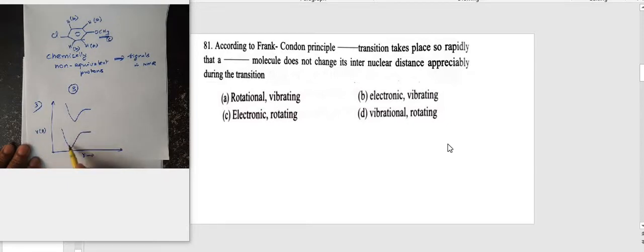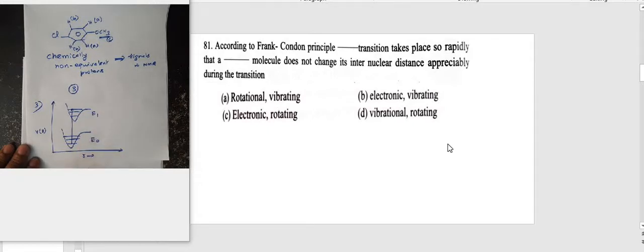Then transition takes place according to the Franck-Condon principle always vertically, and electronic transitions are very fast. This is the ground electronic level, and this is the first excited electronic level.